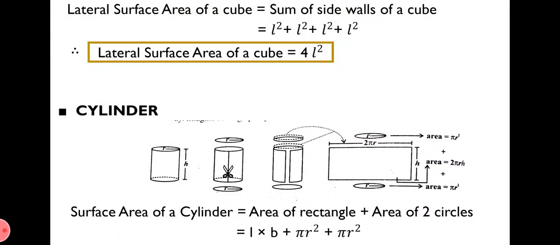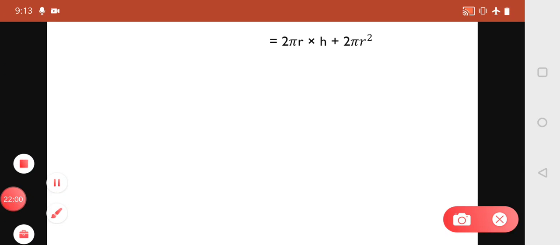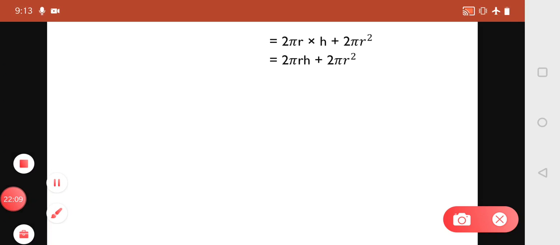So we will insert the values and get 2 pi r into h plus 2 pi r square. Again we can take out 2 pi r. First let us solve: 2 pi r h plus 2 pi r square. So we can take out common 2 pi r. 2 is in both terms, pi is in the first term and the second term, r is once in the first term, and from the two r's we take out one common.